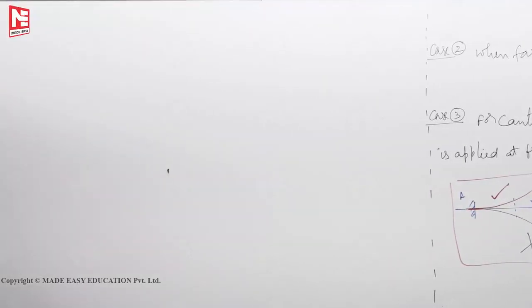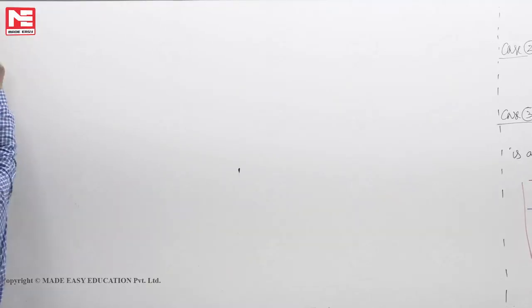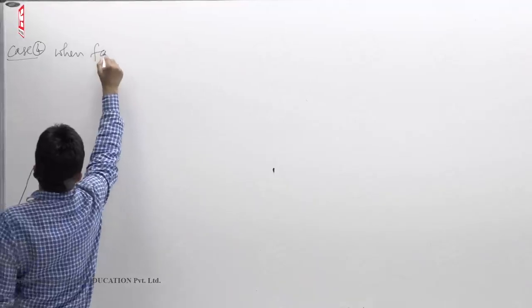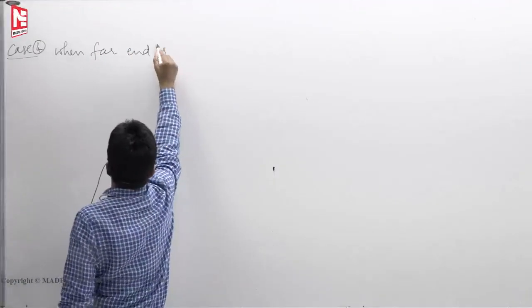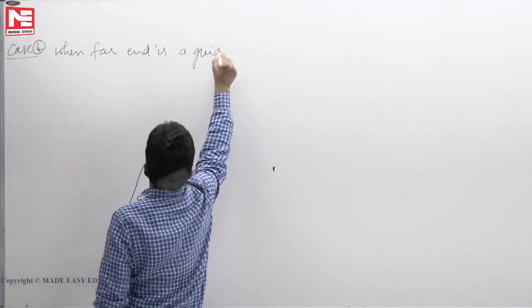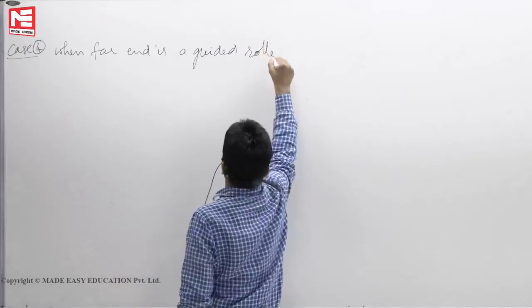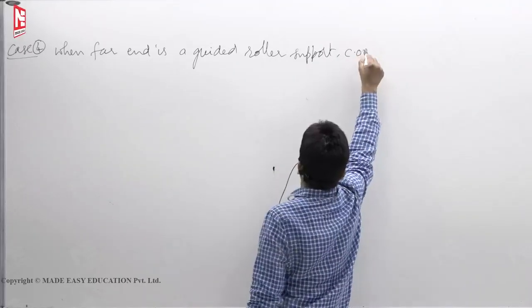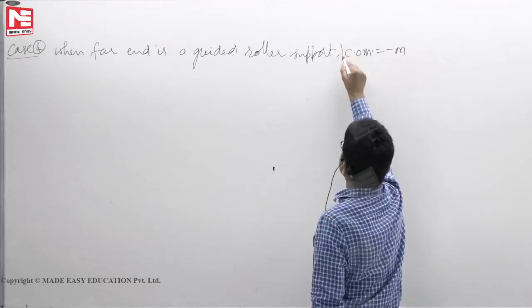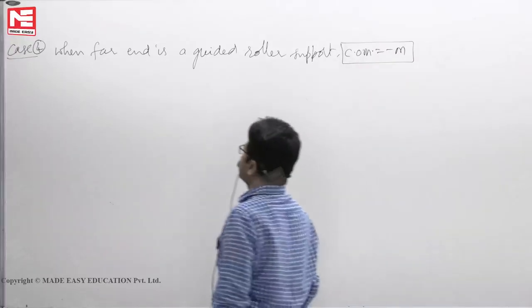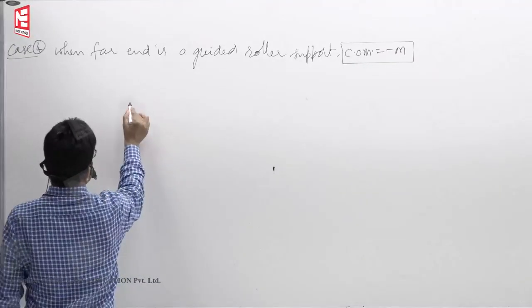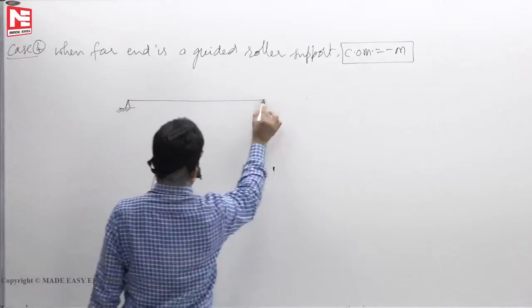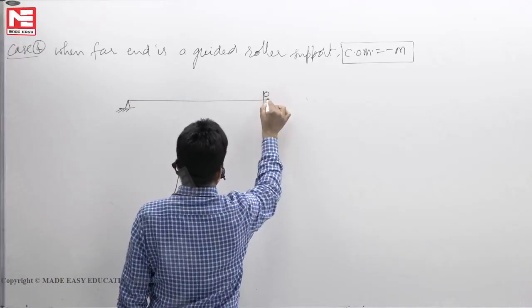Now let us see case 4. When the far end is a guided roller support, carry over moment is also minus M. See why it should be minus M. Let us see, we have a guided roller support like this.